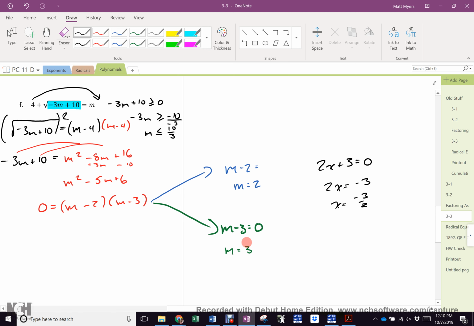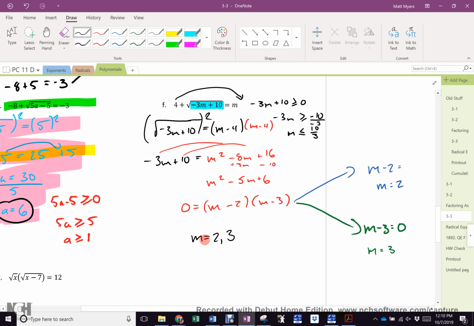So now we know our answers. M has to equal 2 or 3. Are both of those numbers less than 10/3? They are, right? So we've made it in our restrictions. So these are both possible answers, yes? So now let's check. What is negative 3 times 2? What is negative 6 plus 10? 4.